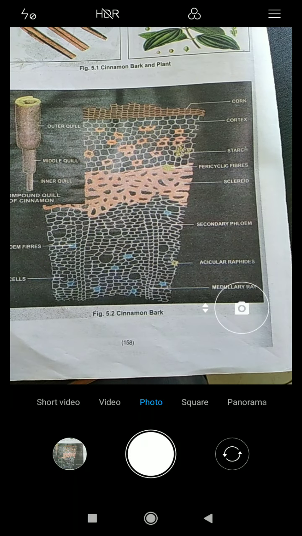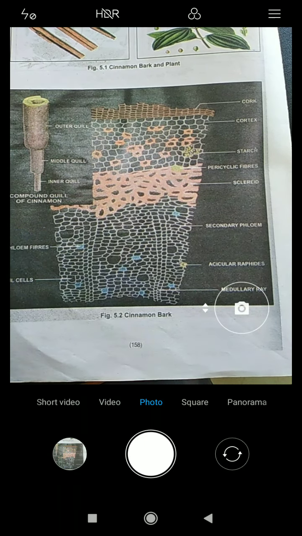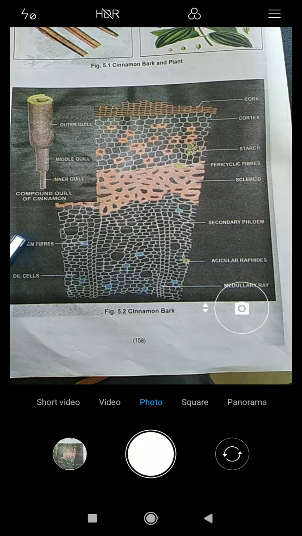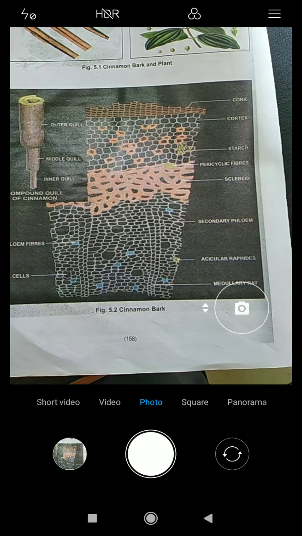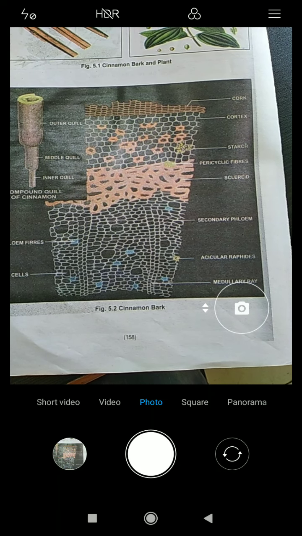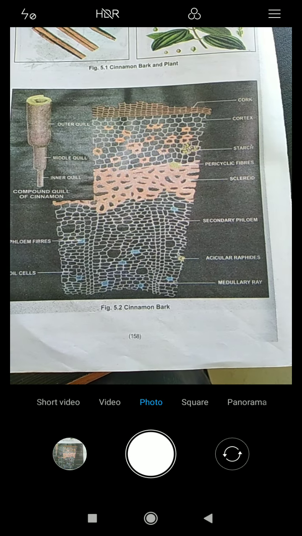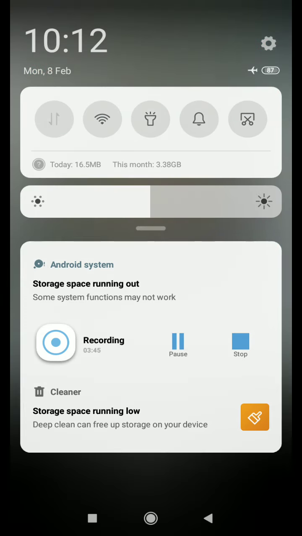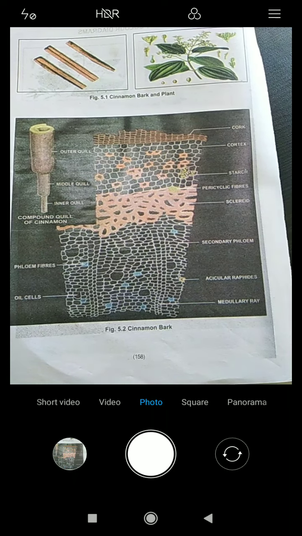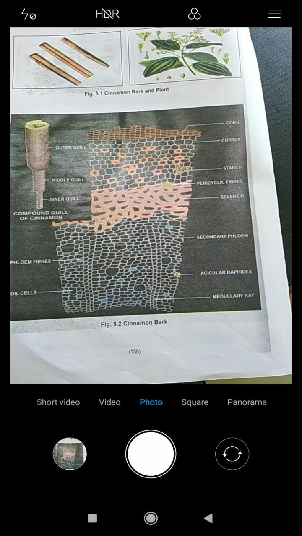Then phloem fibers. These are single, isolated, circular, lignified with stratification, about 12 to 35 micro wide and 200 to 600 micro long.